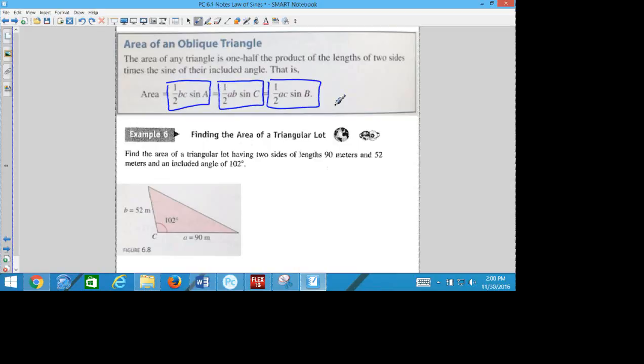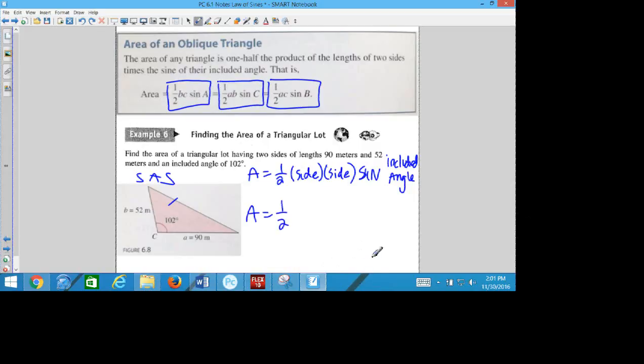So you would need to have side angle side to do it. It's a half side times side multiplied by sine of the included angle. That means the angle in between the 2 sides. That's the entire formula.